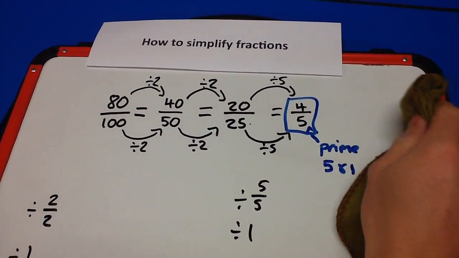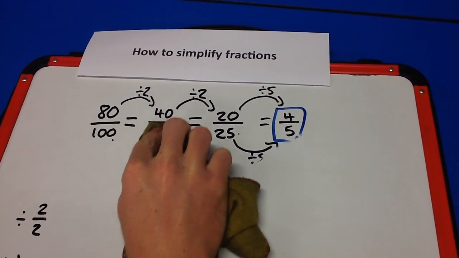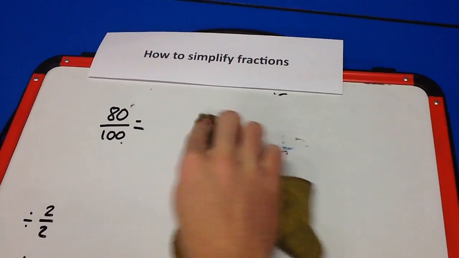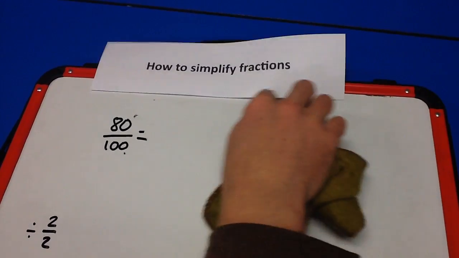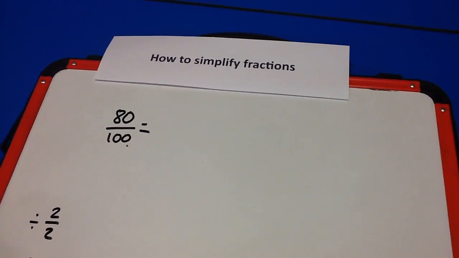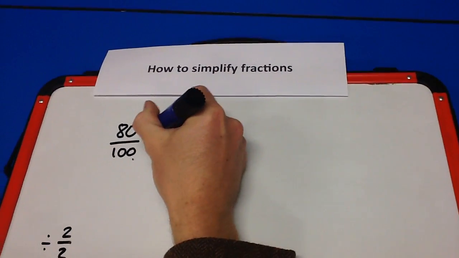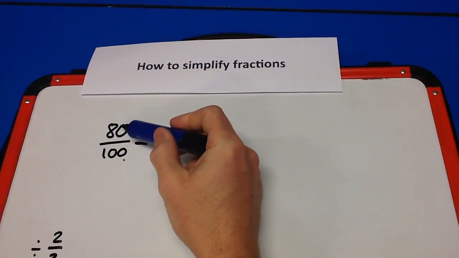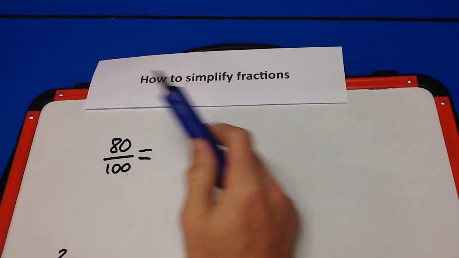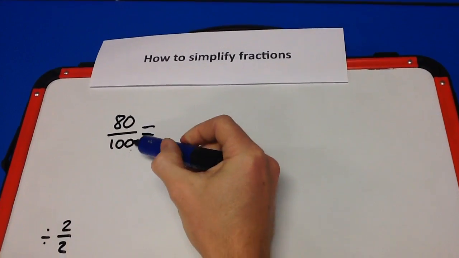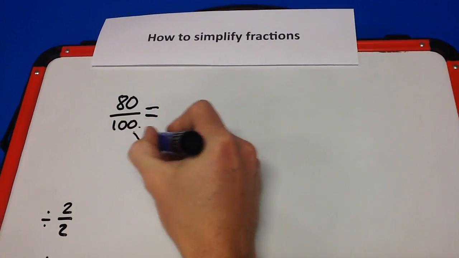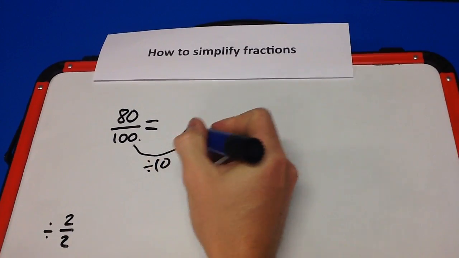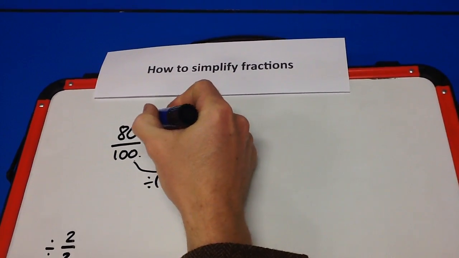The other way we can do it is by trying to spot other numbers that go into 80 that are larger than 2. So straight away, actually, it'd be very good if you can notice that 80 and 100 are both divisible by 10. The simple trick is if they've both got 0 units, they can be divisible by 10. So let's divide both top and bottom by 10.